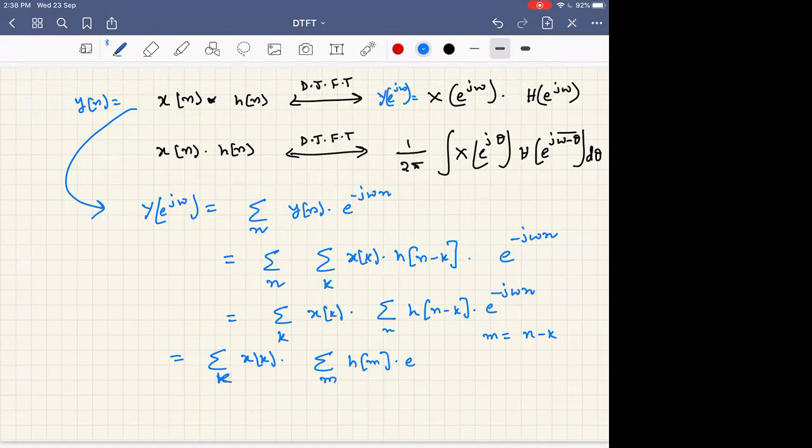What we want is to write it in the form of a Fourier transform; explicitly, we would like to get the discrete time Fourier transform expression for h. So this implies n equals m plus k, which we write here as minus j omega times m plus k.